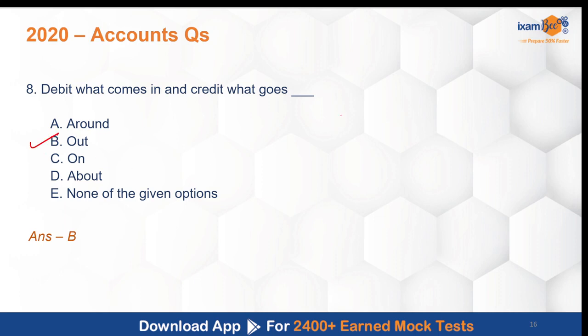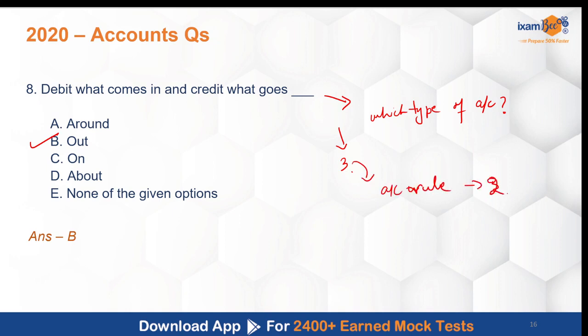In the comment section, can you tell me this rule applies to which type of accounts? There are 3 types of accounts, and according to that classification we have the entry rules. So this relates to which type of account, and you can also mention the accounting rule for the other two types of accounts.